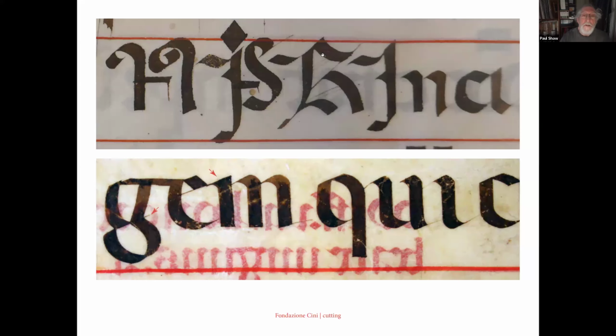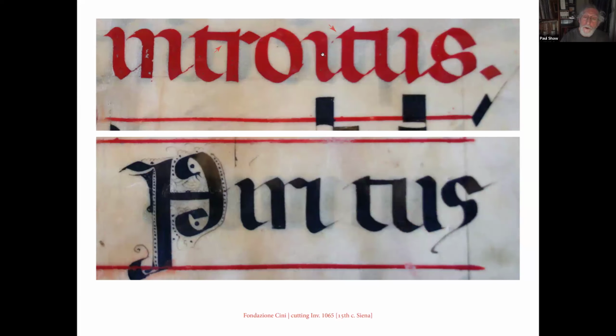Maybe the person who added the red line did the notes, but they did the notes after the scribe did the letters, but before the mistakes. Right, the red was a design element that went over a guideline that was lightly drawn to begin with, and then a decision was made to go over it with the red as a design element.